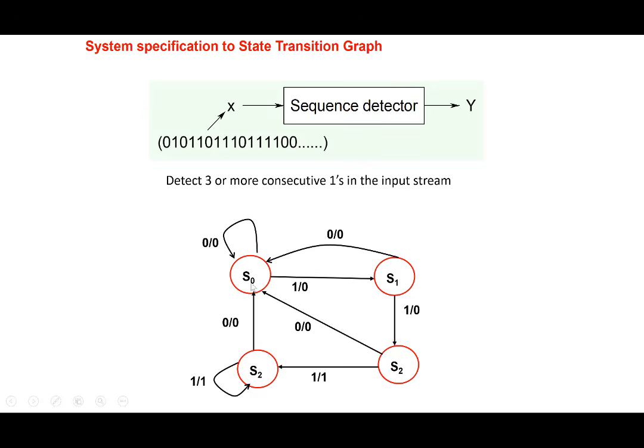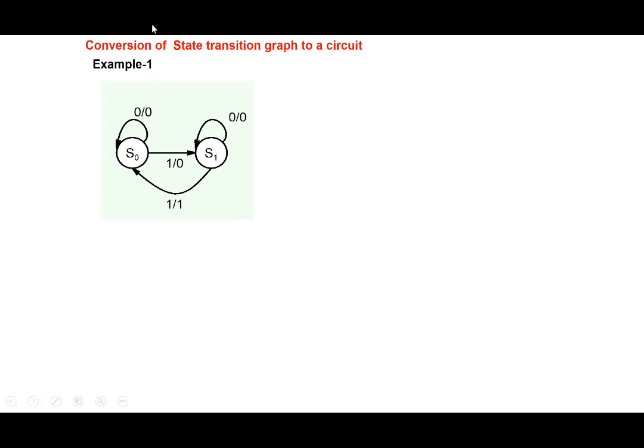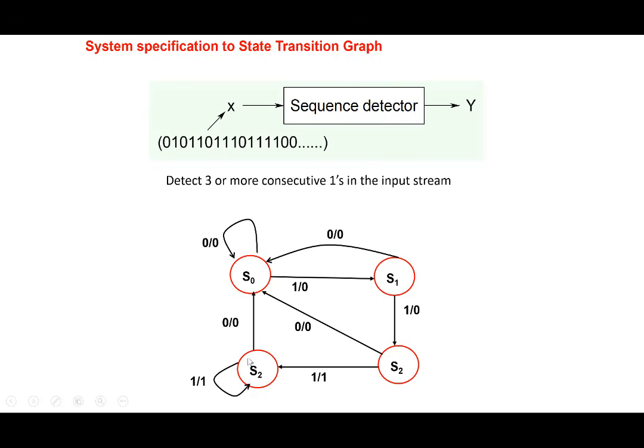We start off from some default state of the system, S0, and then we see in response to the input which state the system should go to and what should be the corresponding output, such that the problem we are trying to solve is solved by going through this set of different states in response to these inputs and the corresponding outputs. This is how we arrive at a state transition graph, basically mapping the nature of the problem onto a state transition graph.